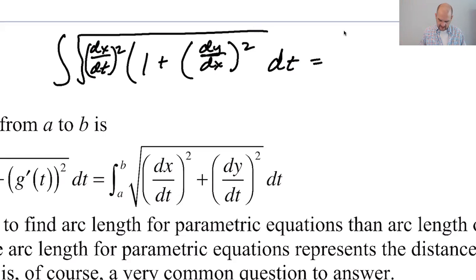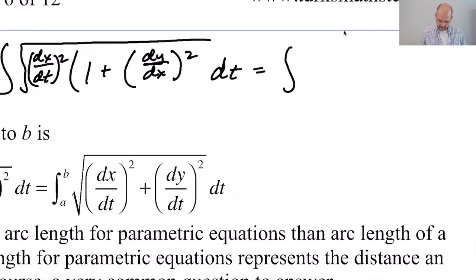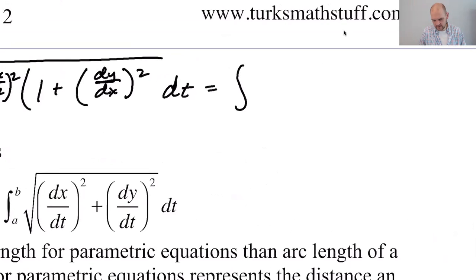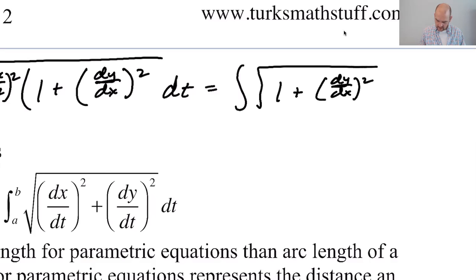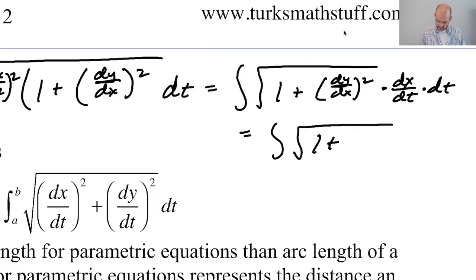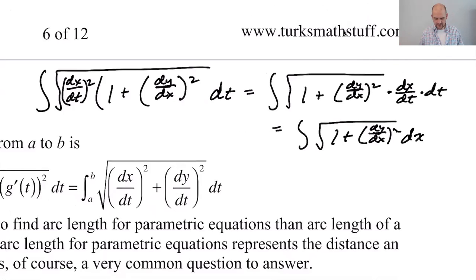And the square root of (dx/dt) squared, I'm taking some liberties here, but I think they're okay liberties, is dx/dt. So this is the square root of 1 plus (dy/dx) squared times dx/dt, dt, and this can be dx. It's the arc length formula for a function. Look at that, they're basically equivalent, which I always think is really neat.